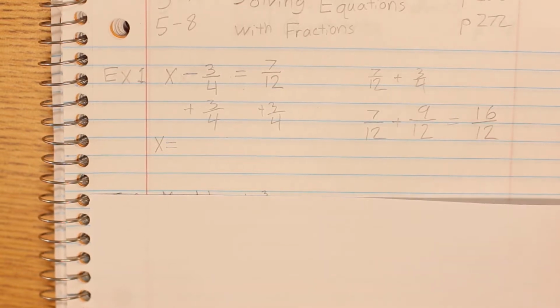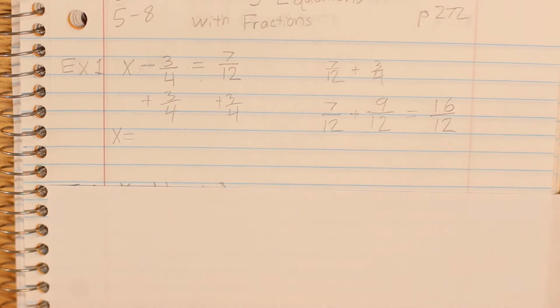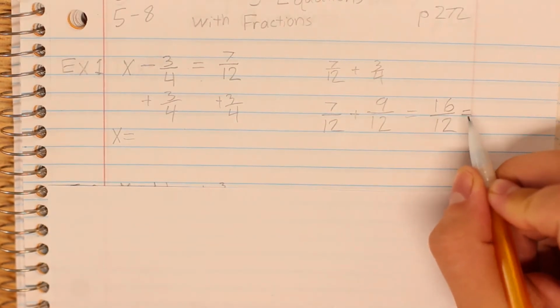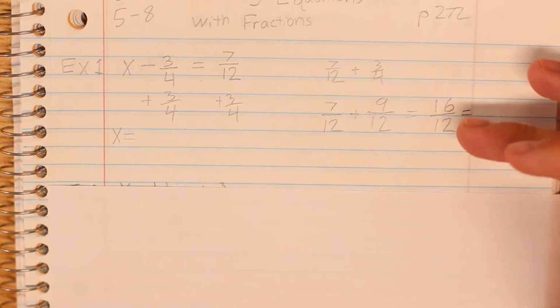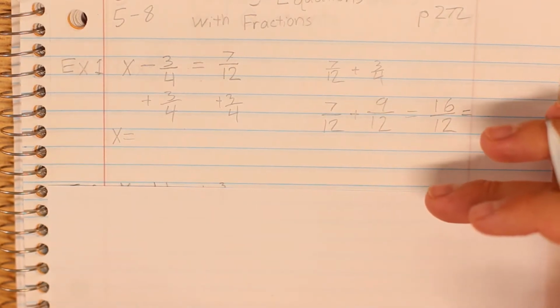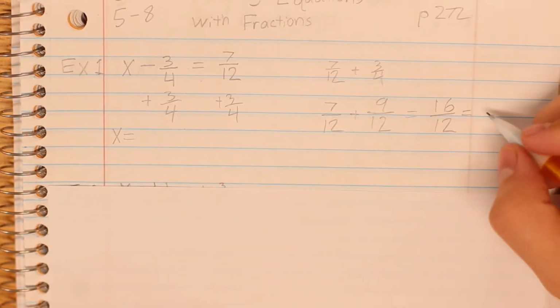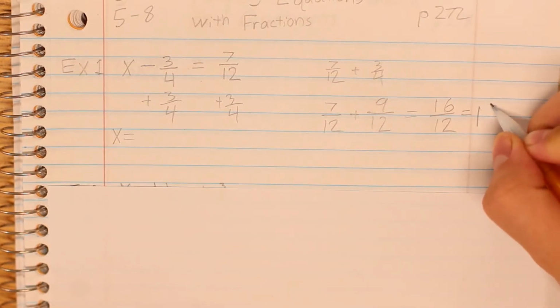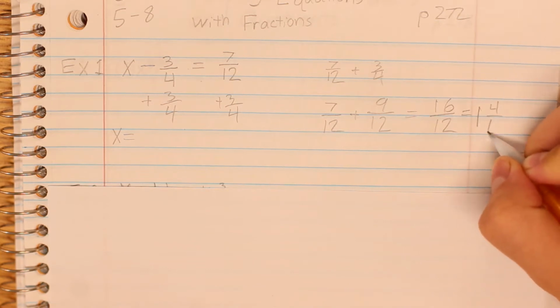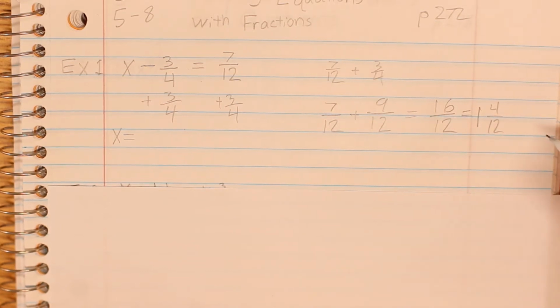16/12. Now, 16/12, we cannot leave it simply as 16/12. You've got different options. You could reduce first and then turn to a mixed number, or mixed number then reduce. I'm going to convert to a mixed number first. So I would get 1 and 4/12, okay?